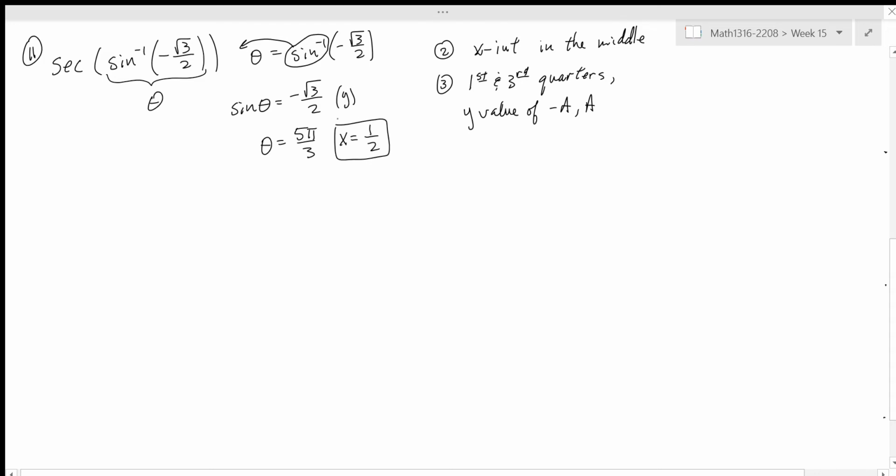Is it half? Yeah? Okay. Because I kind of know where I'm going. If you look back at the problem, what I'm really interested in is secant of theta.